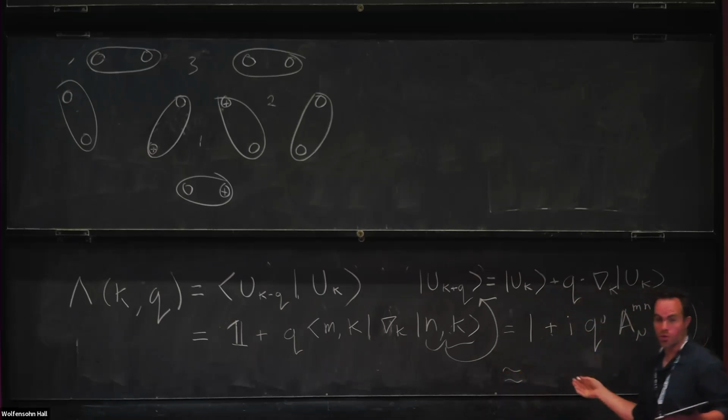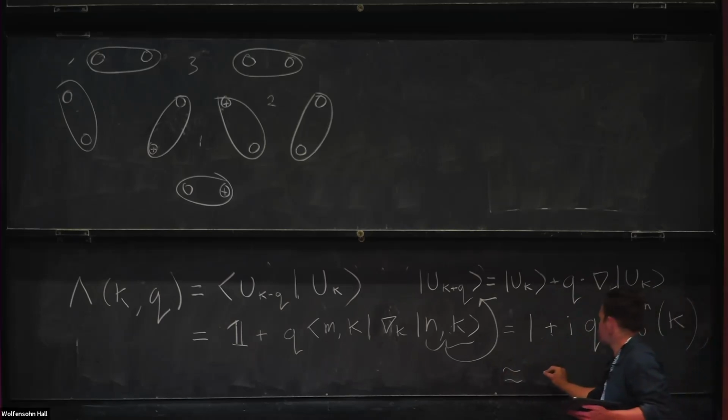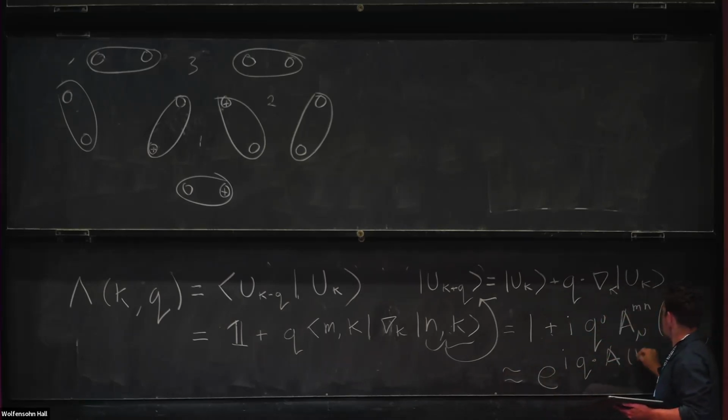If we're just working to first order in q, I may as well instead write this as an exponential, e to the i q dot A, in compressed notation. In other words, to first order in q, the form factor is a unitary matrix whose generator is the familiar Berry connection for a multi-band system.